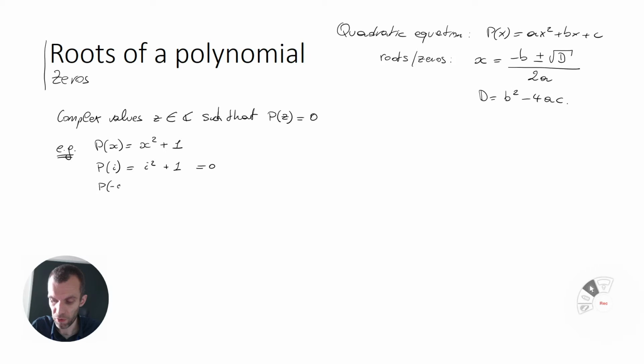But also we have p evaluated at minus I, that's minus I squared plus 1, that's also 0. So here, plus and minus I are the roots. And now the question is, are these all of the roots?